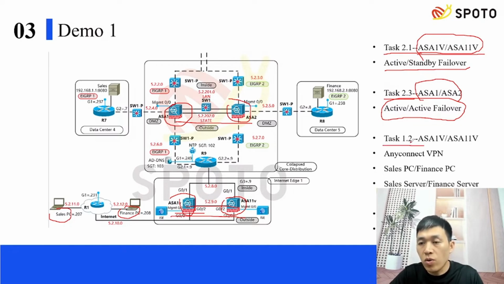And task 1.2 is about AnyConnect virtual private network, and we will secure the traffic from sales PC and finance PC to sales server and finance server respectively.